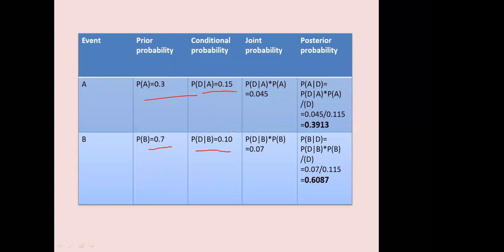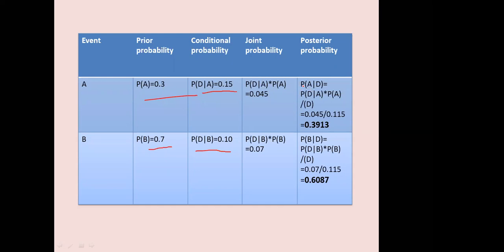We can find the joint probability by multiplying these two probabilities for supplier A and supplier B. Now we know that the material is defective, but we want to know whether it was supplied by supplier A or supplier B.